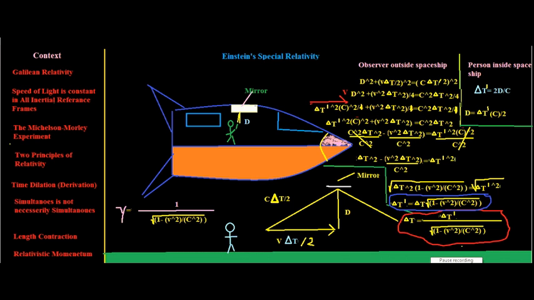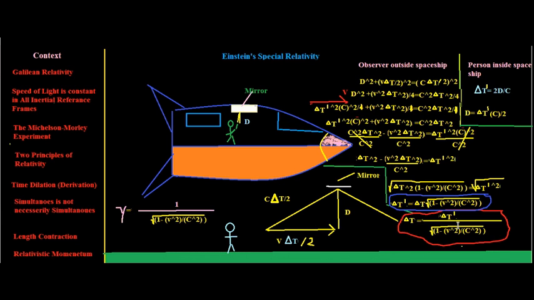And notice that when the relative speed is significantly less than the speed of light, gamma is approximately equal to 1, and you have no relativistic time and no relativistic momentum effects.